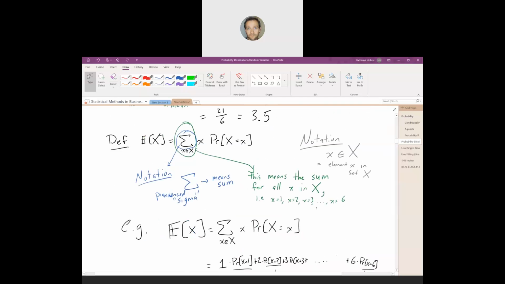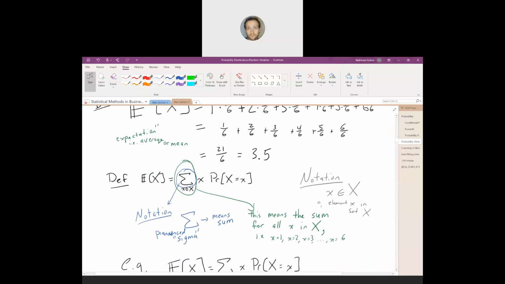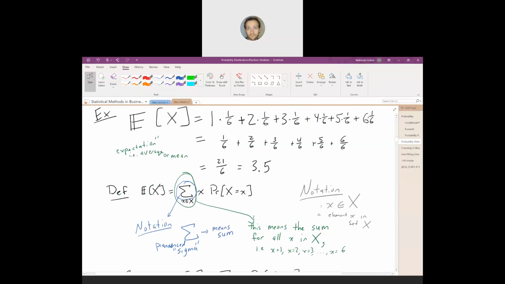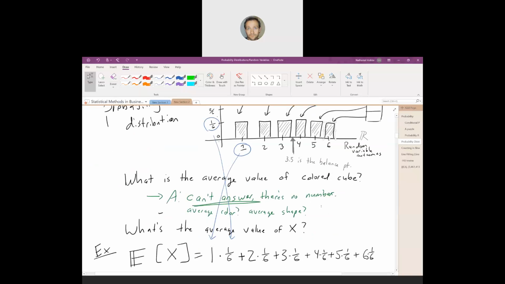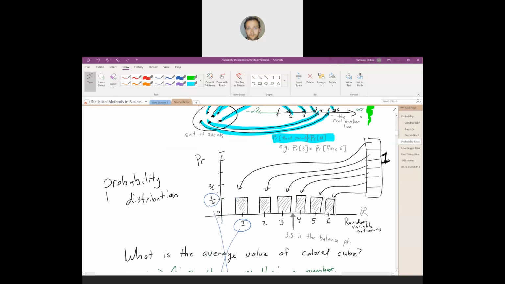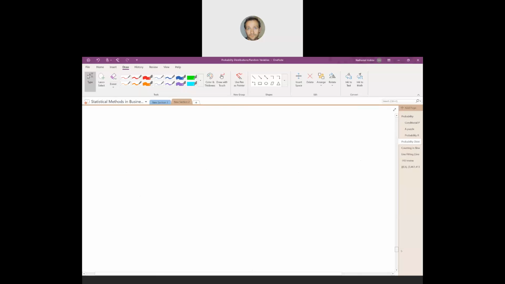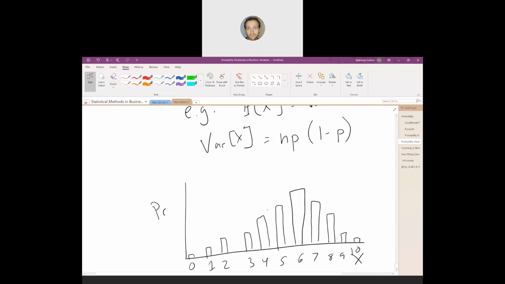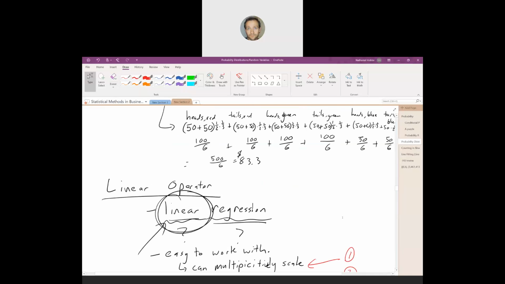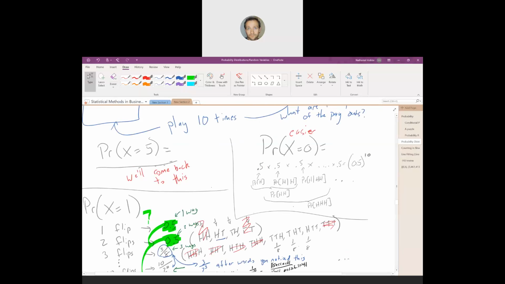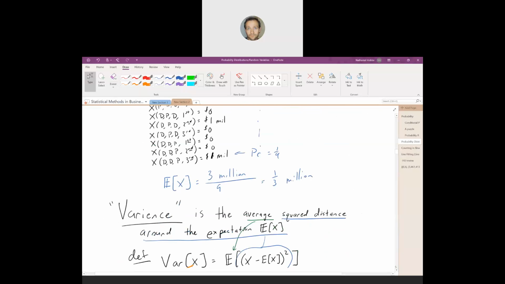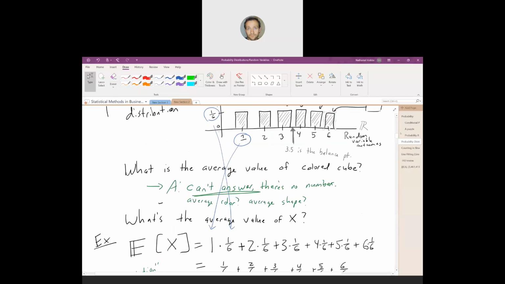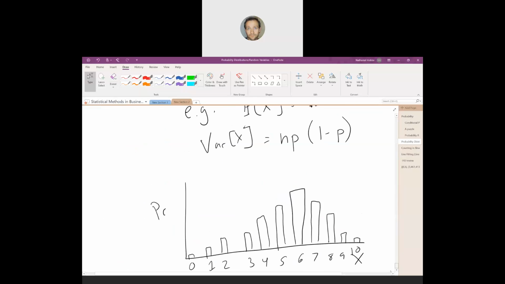So we talked about different probability distributions. The one that we just saw, let me go back up to it, is called a uniform probability distribution. All of the pieces are the same size. But there's no reason for that. You could have a probability distribution like this.